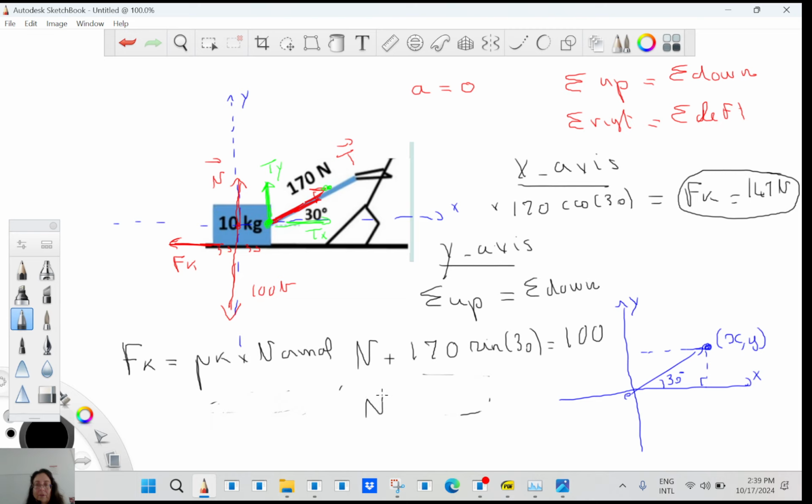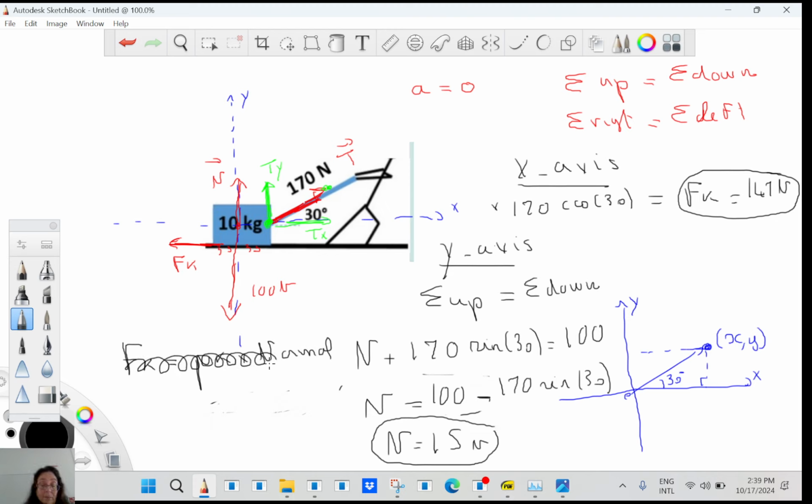So it's the normal force, 170 sine 30, equals 100. So it's going to be 100 minus 170 sine 30. So how much is that? 15 Newton. And this one doesn't work because I didn't use a realistic problem.